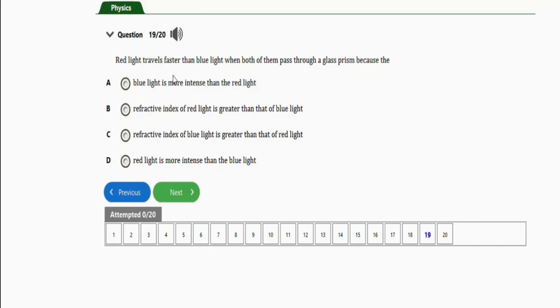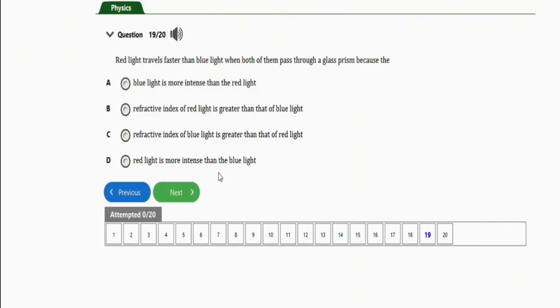So the question is again, red light travels faster than blue light when both of them pass through a glass prism because. So from what the question is saying, the correct option will be option C. Refractive index of blue light is greater than that of red light.